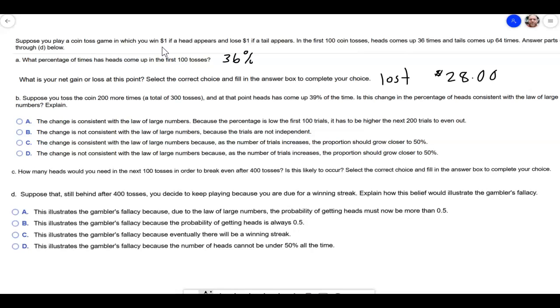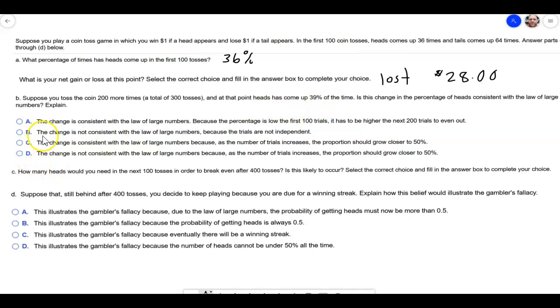It gets closer and closer the more times you complete that event. So in this case, we were at 36% and we tossed it a couple hundred more times and we got a little closer to 50%. That is exactly what the law of large numbers tells us, that the more times we flip it, the closer we should get to that actual probability percentage.